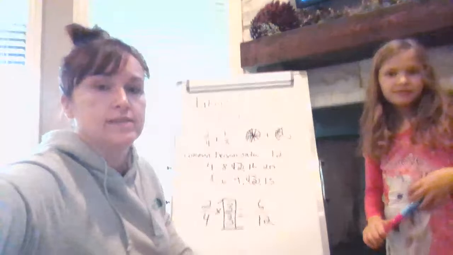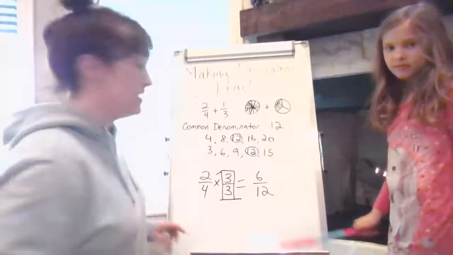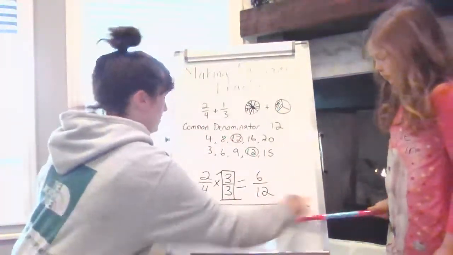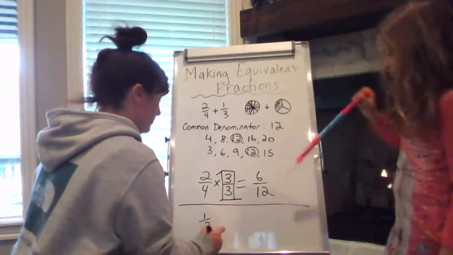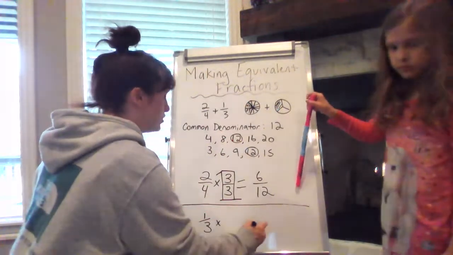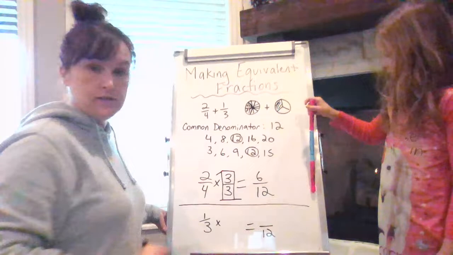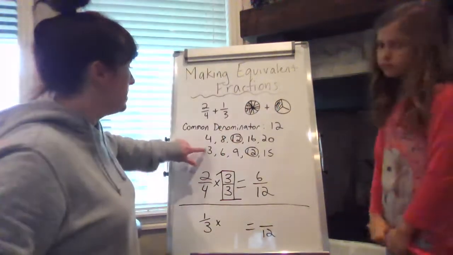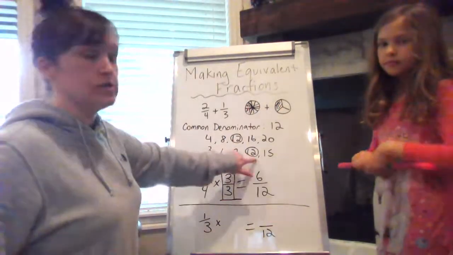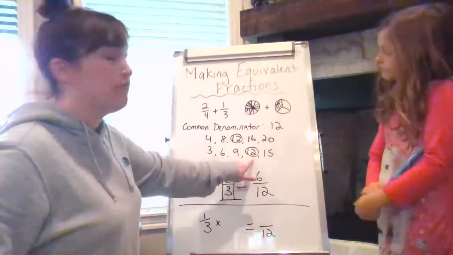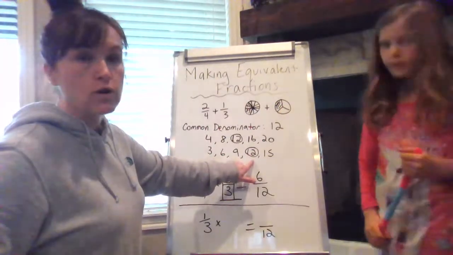Okay, I'm going to go down on this so I can demonstrate the 1/3. So now I've got 1/3 and I need it to equal something 12ths. Now if I look at my list, how many multiples over is 12? Well, 1, 2, 3, 4. 3 times 4 is 12.